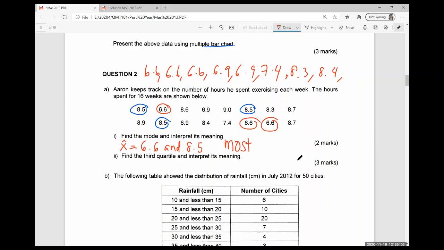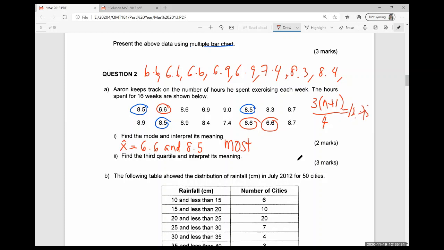Let me just check on this one. So you have 16 weeks. So for the third quartile, the location will be 3(n+1)/4, right? So if you calculate this one, you should get 3 times 17 divided by 4, it should be 12.75.